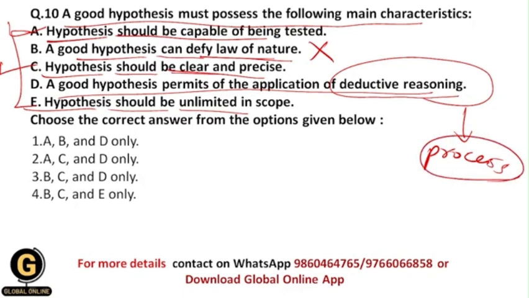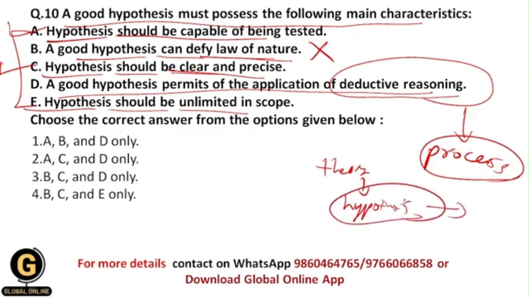In this approach basically we have an existing theory, and based upon an existing theory we are going to formulate a hypothesis, and after that we are going to test the hypothesis by using different statistical techniques, and after that finally we get the results. Okay, so this is nothing but the whole approach of deductive reasoning towards research, and basically a good hypothesis permits this application of deductive reasoning for its testing.